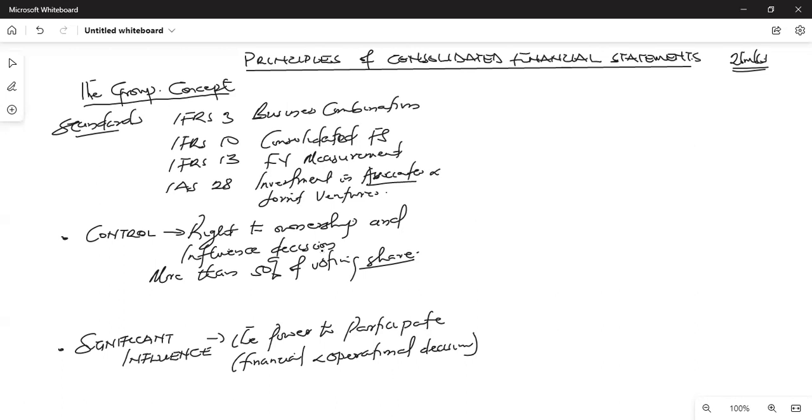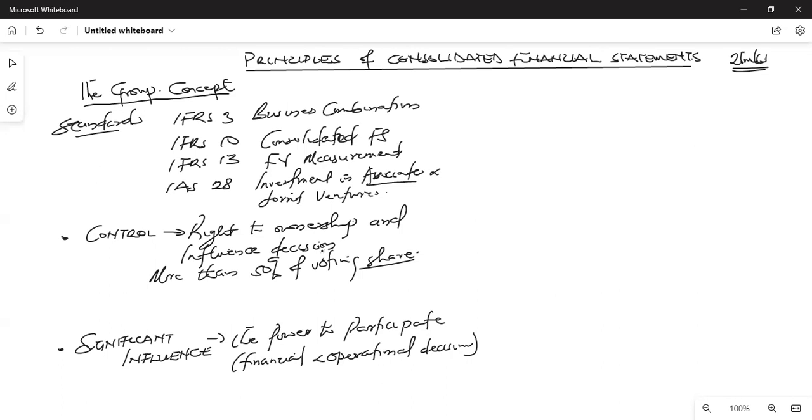So if he has 51, he will vote 51 times. It can be 10 billion people owning the 49%, but when that person speaks, he wins everything. So at this point, he makes the decisions.